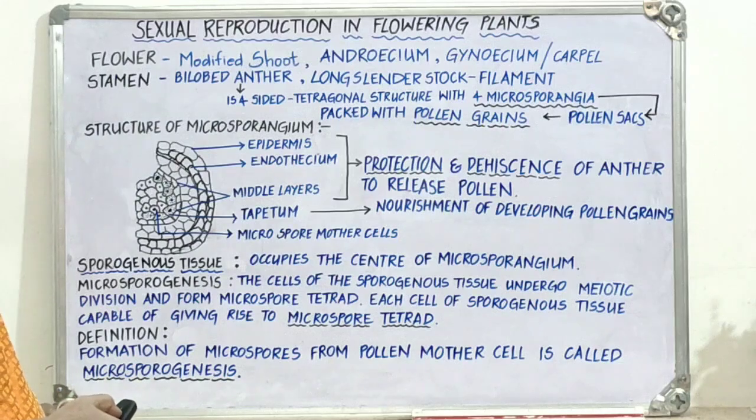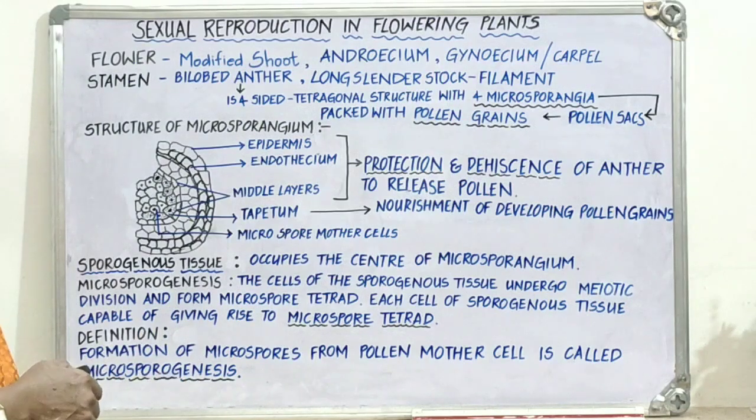In the previous class, reproduction in organisms, I explained very clearly about the carpel or gynoecium. These 3 parts are present in the female reproductive part. Scientifically, it is said to be gynoecium.